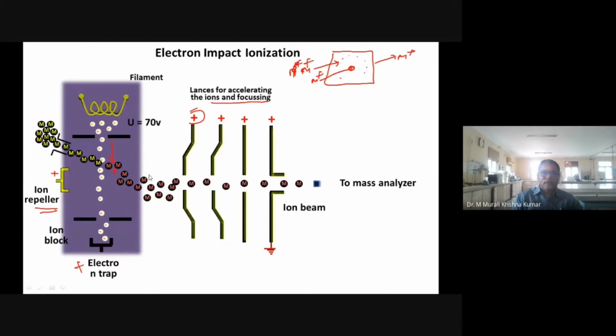And then they will be attracted towards the accelerator plates. So here, if you have positively charged ions over here, we use negatively charged plates. So thereby the ions are going to move in this direction, and then ultimately it will go to the mass analyzer.